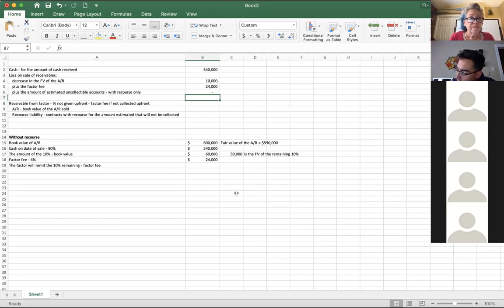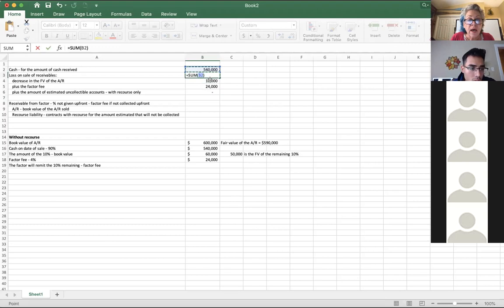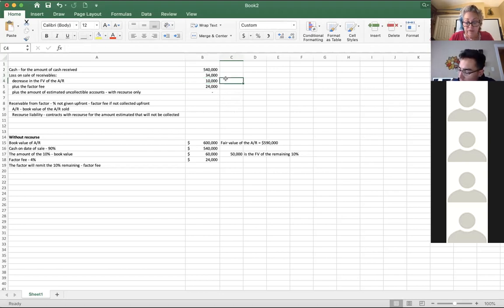Correct. All right. So now the loss on my receivable is the sum of those three amounts. And I guess I should put these over here so that it's not part of the journal entry.